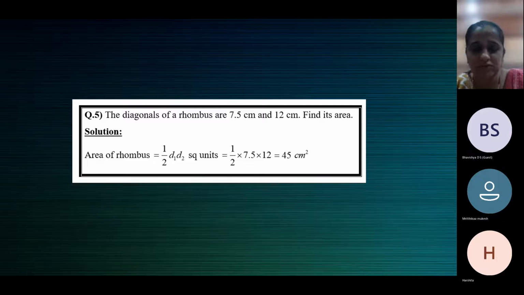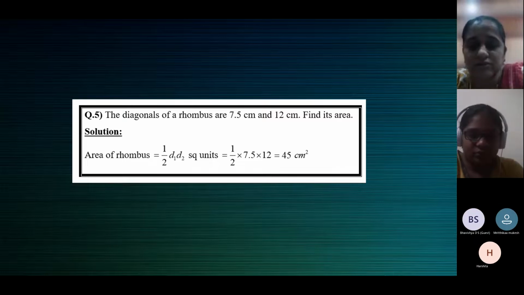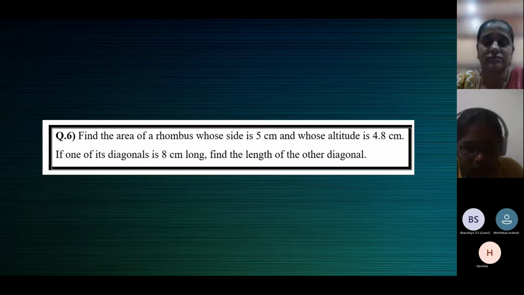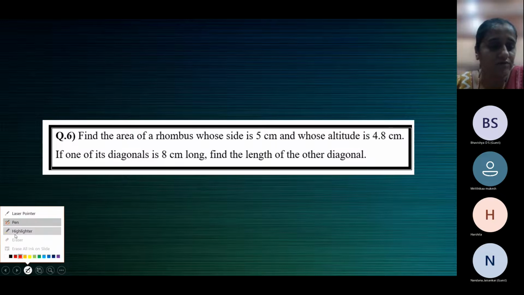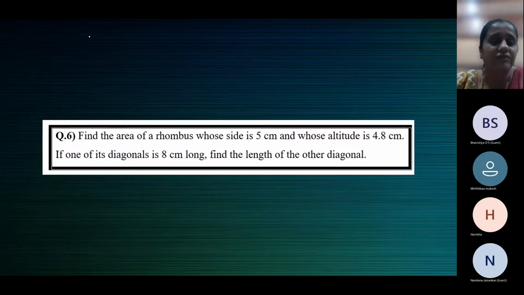Done, ma'am. Very good. Is it fine? Half D1, D2. The lengths of the diagonals are given to us straight away, 7.5 and 12. Here we have two different formulae to find the area of a rhombus. One is half D1, D2, or half into D1 into D2.